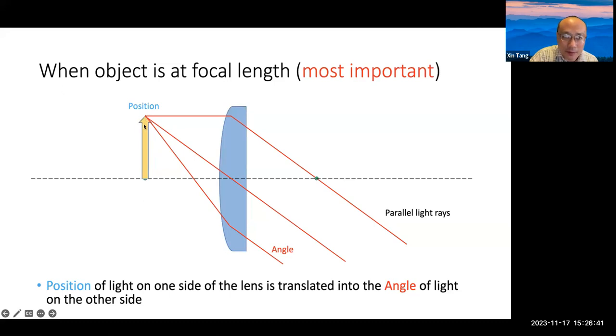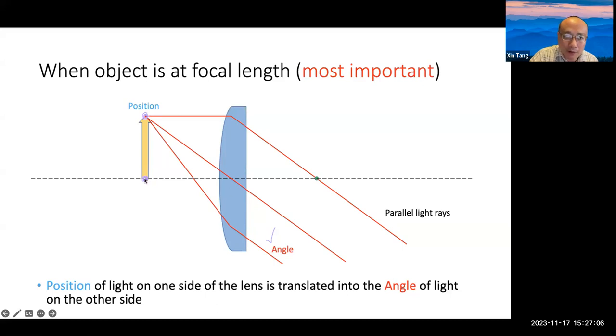This means if you move the position of the sample from the focal point to a different position, then you correspondingly change the angle of the light passing through the lens.